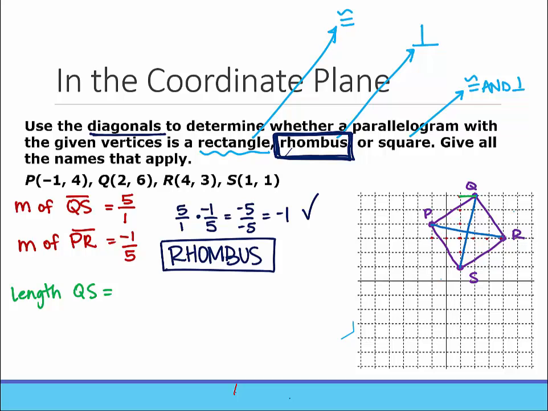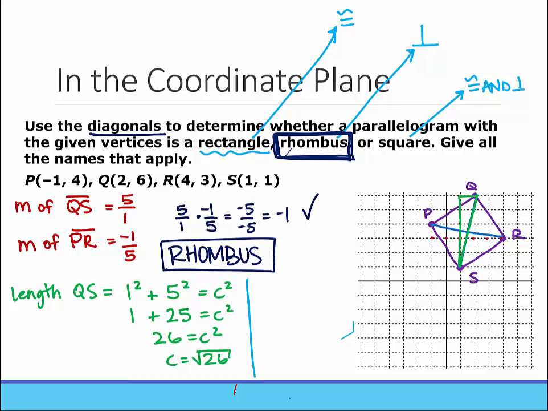If you use the Pythagorean theorem, you're going to make a little triangle here and find the hypotenuse. So your a squared is 1 in this case. Your b squared is 5. We're going to find c squared. So I get 1 plus 25, get 26. So c is the square root of 26 long, 5 and some change.